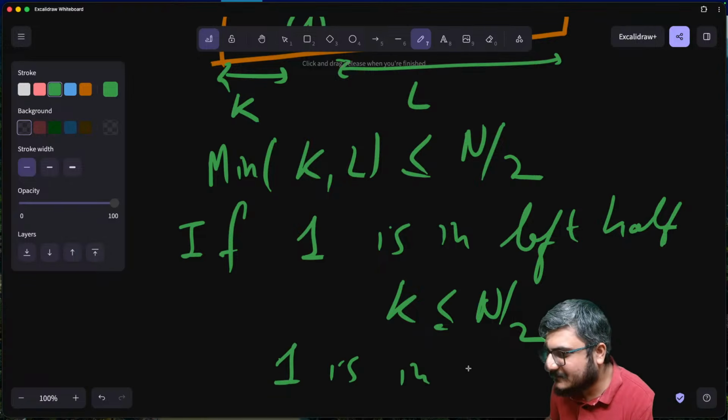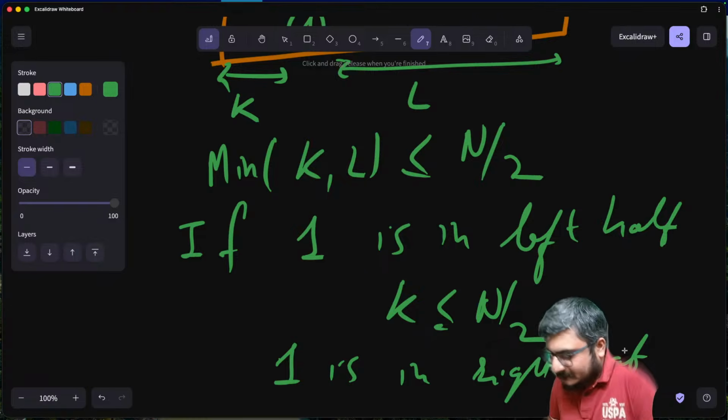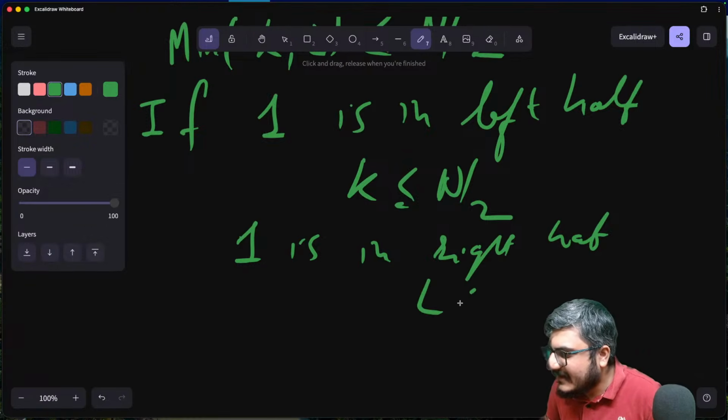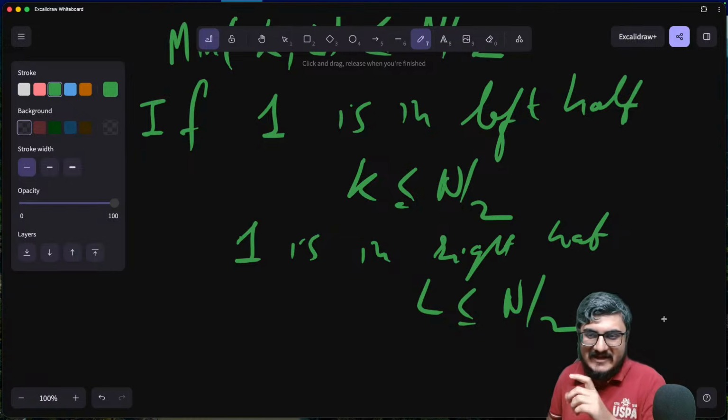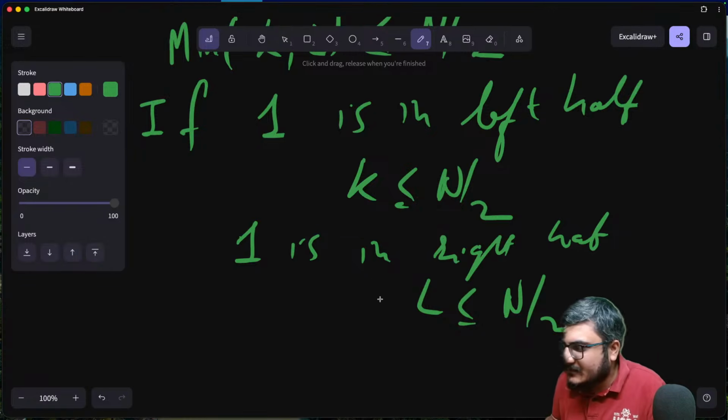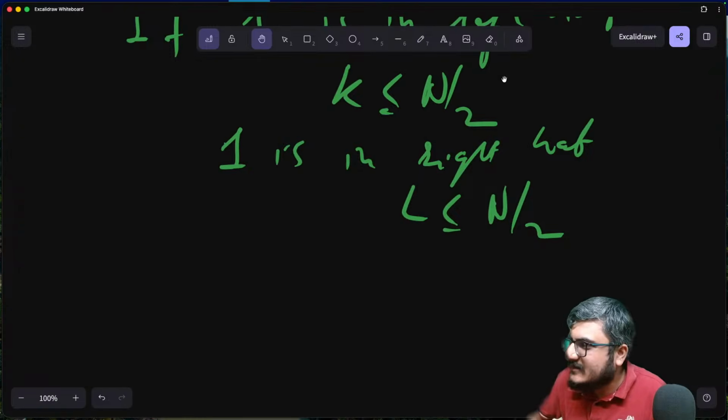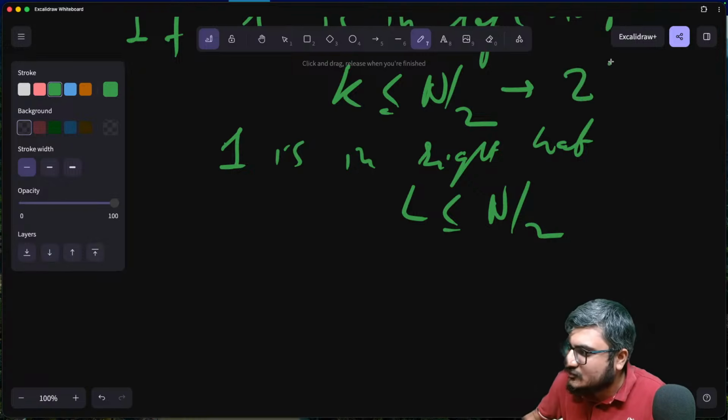If 1 is in the right half, then l is less than or equal to n by 2. And since I am exiting the moment I have found it from the left half or right half, in this case the number of checks I will do is 2k. In this case, the number of checks I will do is 2l.